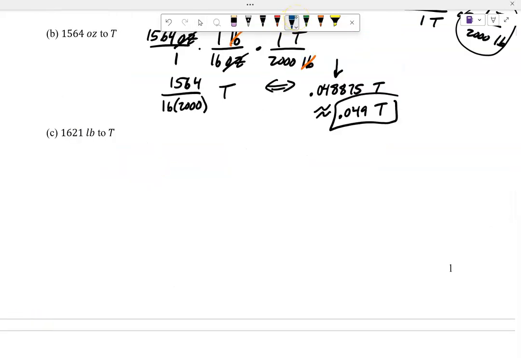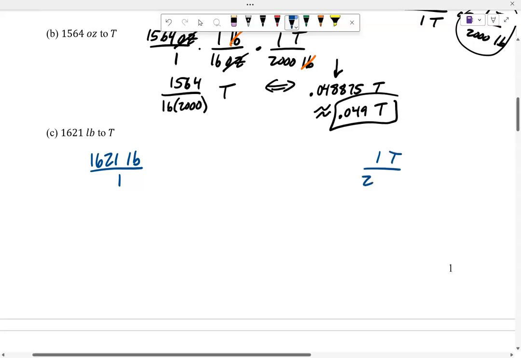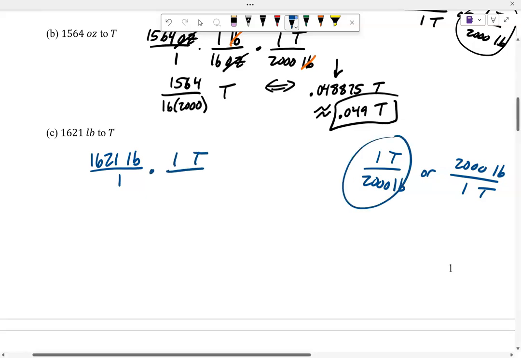All right, the last one here, we have 1621 pounds. We want to go to tons. I know for every ton, there's 2,000 pounds. So I have to decide, am I going to use 2,000 pounds for every 1 ton, or 1 ton for every 2,000 pounds? Well, we want the pounds to cancel. The pounds are on the top, so I have to use 1 ton for every 2,000 pounds.